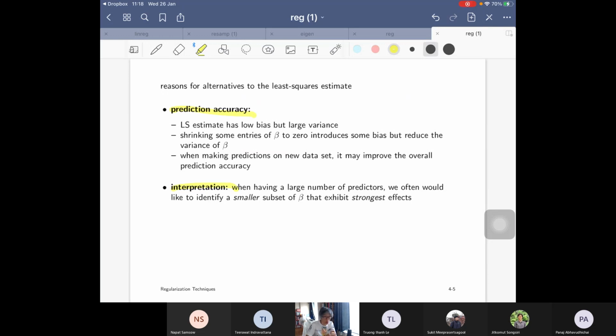Of course, if you include all the predictors, the prediction would be good. But having 100 predictors versus 1,000 predictors, if the prediction accuracy is very similar, why would you pick a big model? Again, this is a trade-off between bias and variance.